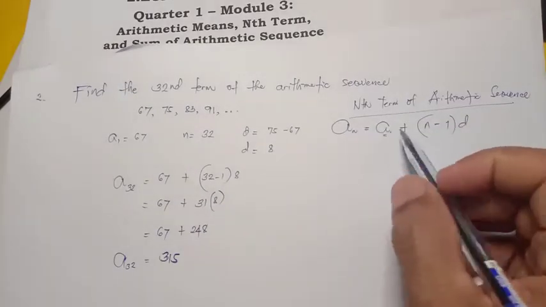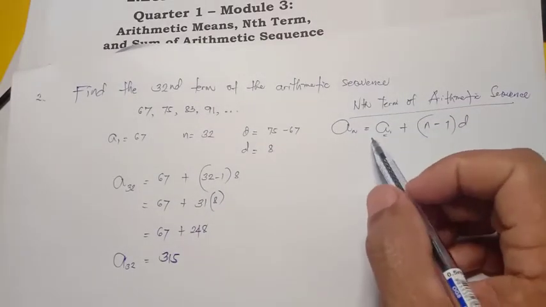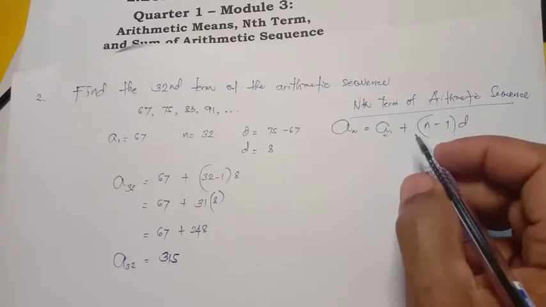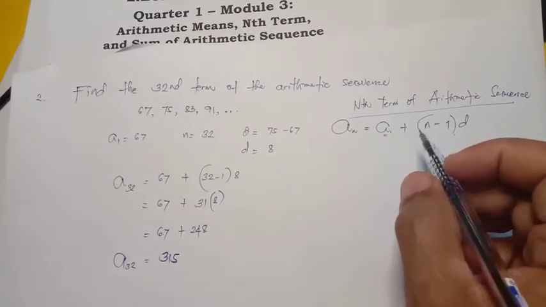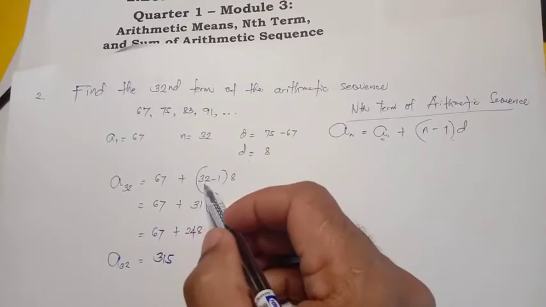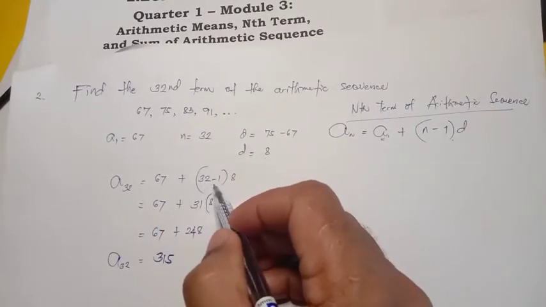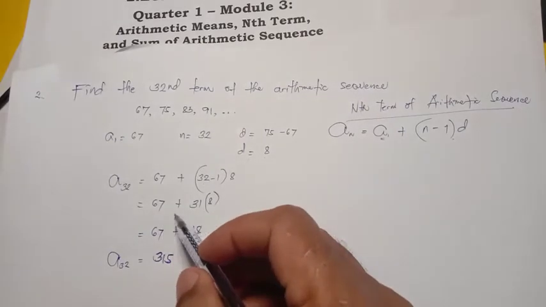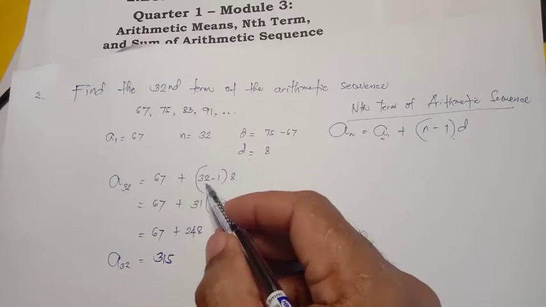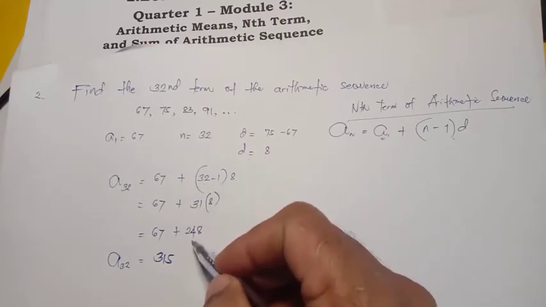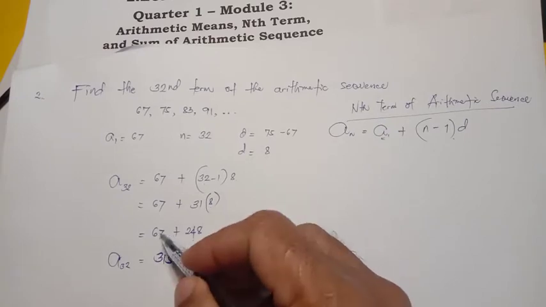So substitute natin ngayon yan sa nth term of the arithmetic sequence para makuha natin yung 32nd term o yung pang-32. So the first term is 67 plus n is 32 minus 1 times the common difference 8. Then 67 plus 32 minus 1 is 31 times 8. 31 times 8 is 248 plus 67.